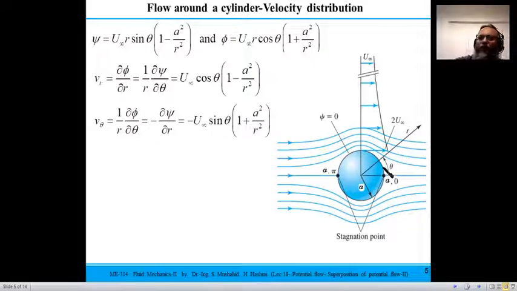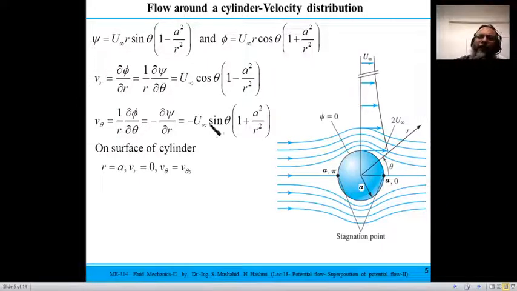So when theta equals 180, you end up with the same stagnation point. So we have the knowledge to easily work out where the stagnation points are going to lie. At this location, the velocity should be zero, because that is the stagnation point.